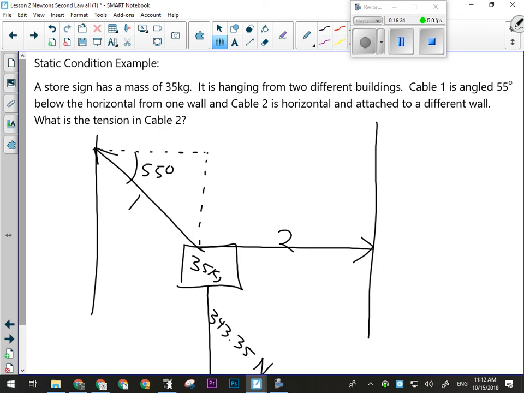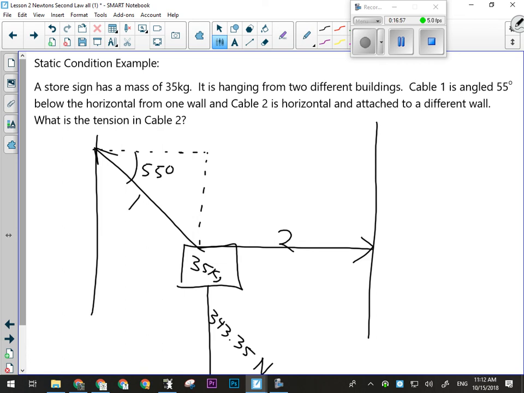So right now you look at this and you go, crap, there's not very much information here. Okay, but the most important piece of information is not one that's outright given to you. This sign is hanging there. It is not what? It's not moving. So as a result, this force, and this force all add up to 0.